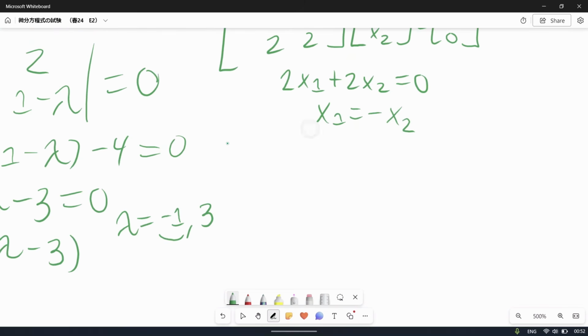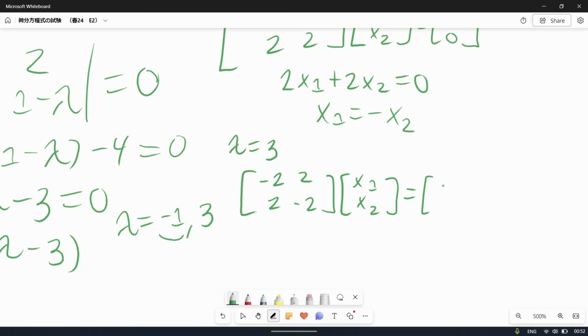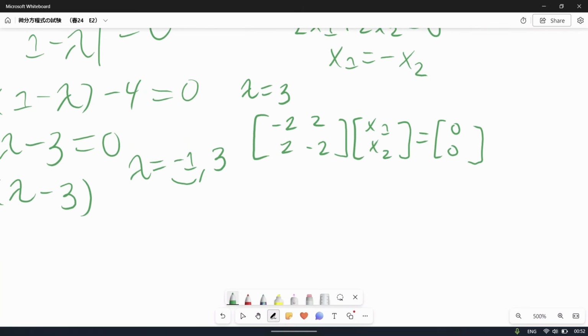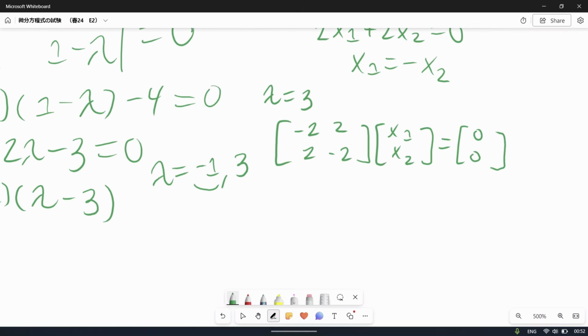So when lambda is equal to 3, you end up with a matrix that looks like negative 2, 2, 2, and negative 2. Rinse and repeat the same process, x sub 1, x sub 2 is equal to 0, 0. And one of the equations we can come up with is, I'm going to use the top row. I'm using the top row for both of these, by the way. It doesn't really matter, but I'm using the top row.